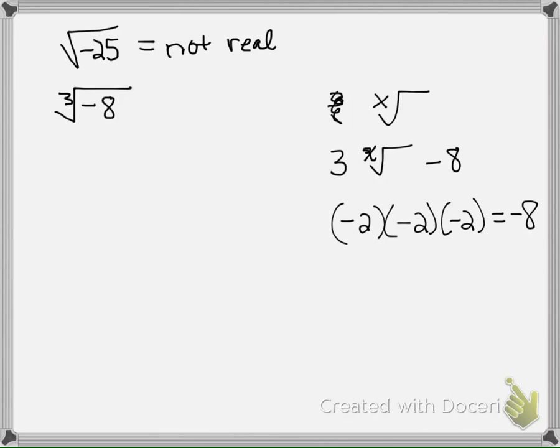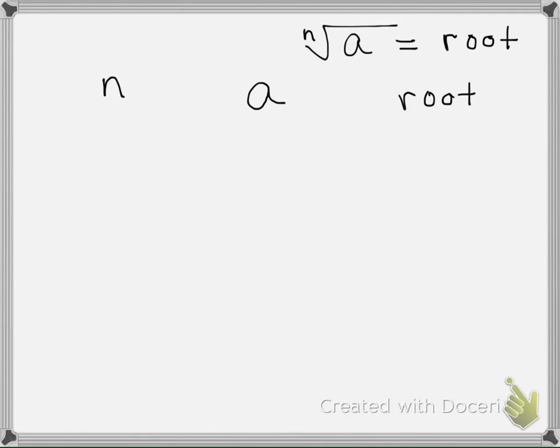All right, so let's make a table here of what happens depending if our index is even or odd, and our radicand, if it's positive or negative. So we're going to make a little table here, and then the answer to these is your root. What kind of roots we get.